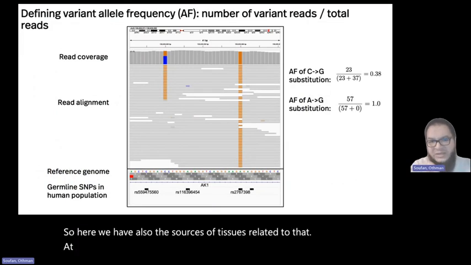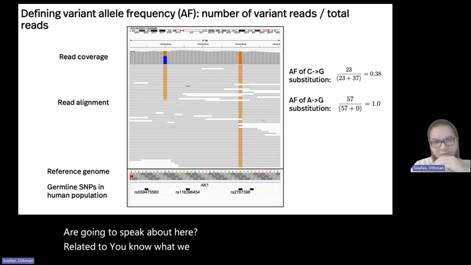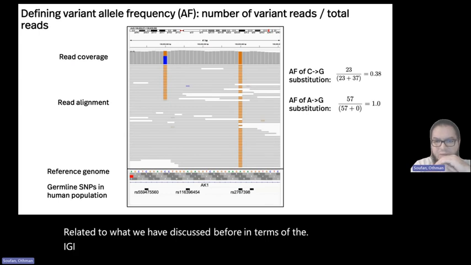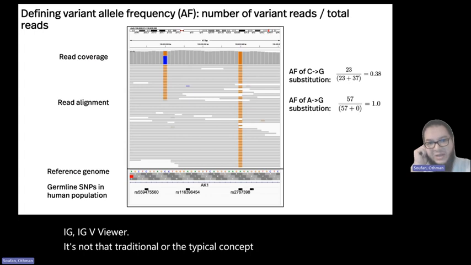Allele frequency is what we are going to speak about here, related to what we have discussed before in terms of the IGV viewer. It's not the traditional or typical concept that we visited at the beginning of the course.